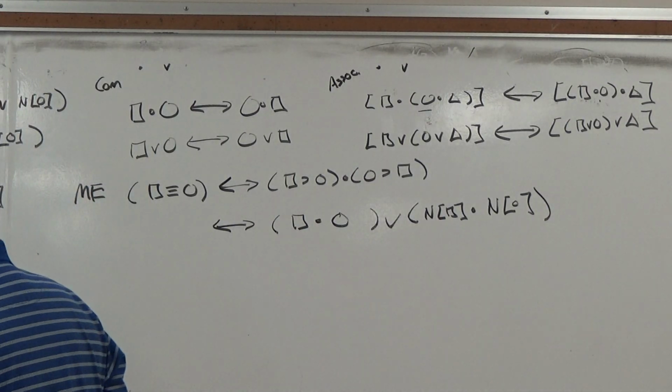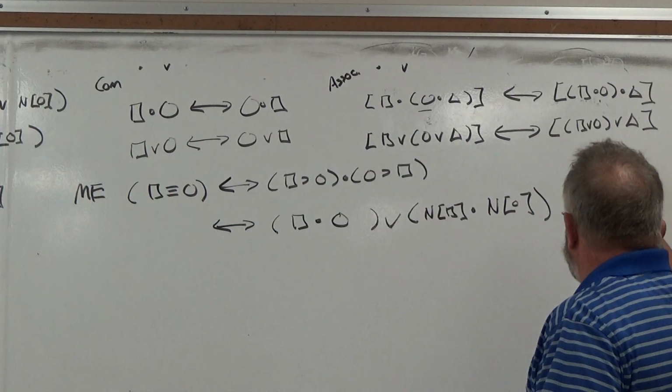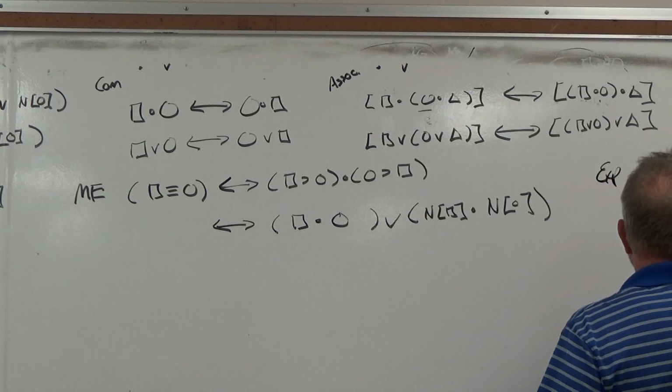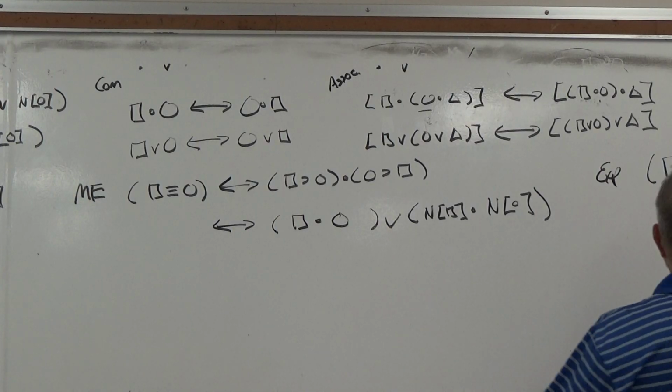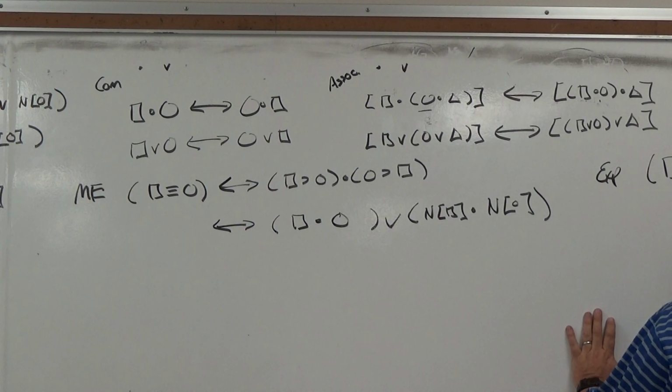And the very last one is exportation. Okay. Suppose I have box and circle, then triangle. So if I have this and that, I have a triangle. Okay. Well, that's the same thing as saying, if I have a box, then if I have a circle, then I get the triangle.